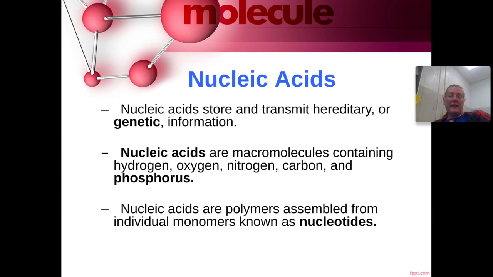Nucleic acids are used to store and transmit hereditary or genetic information. Nucleic acids are macromolecules which contain hydrogen, oxygen, nitrogen, carbon, and phosphorus. Nucleic acids are polymers, and they are assembled from the monomers called nucleotides.